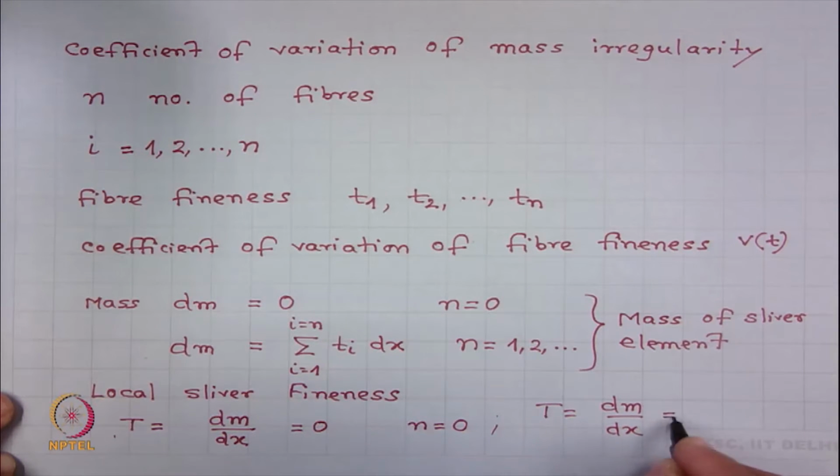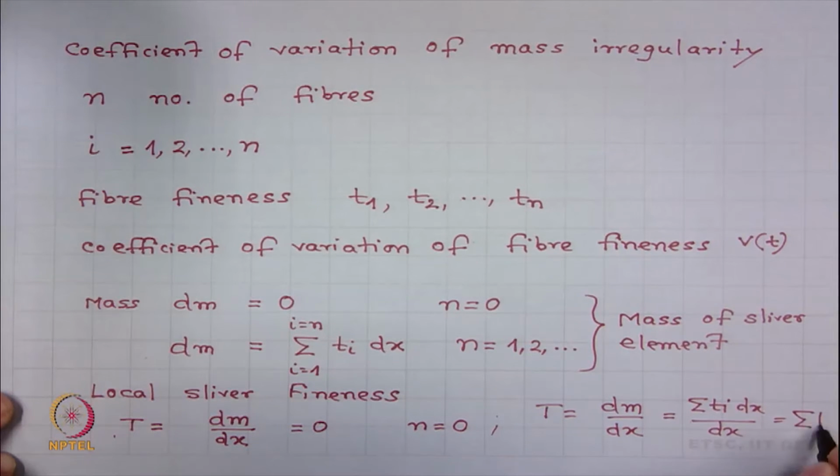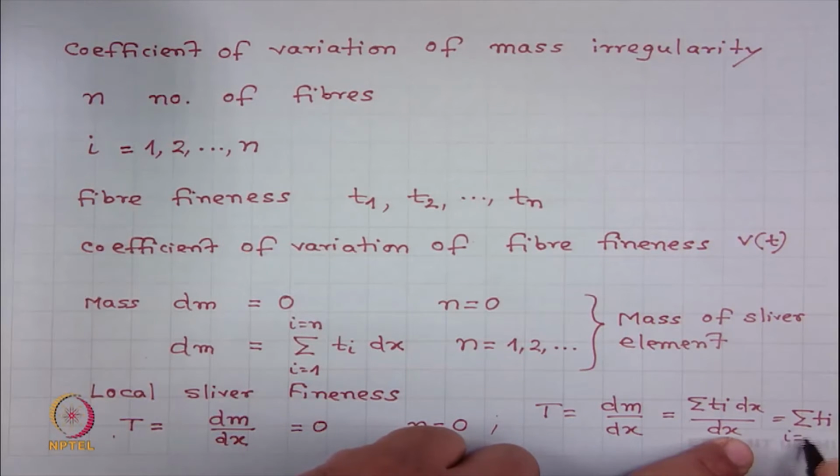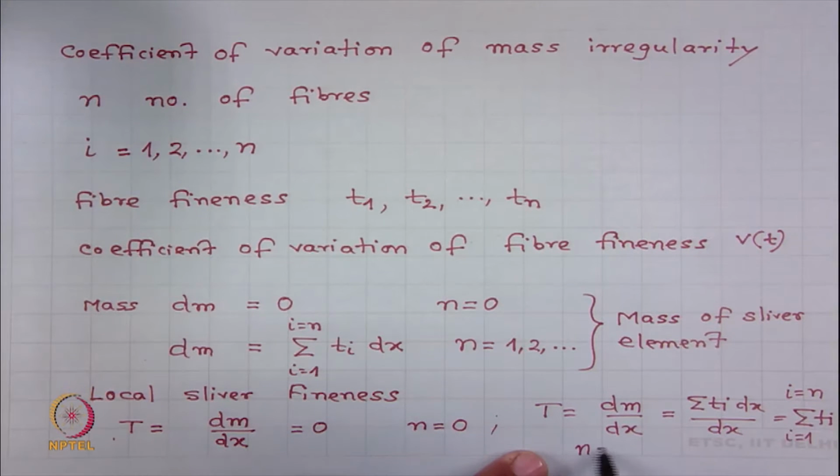What is dm? dm is the summation of Ti into dx, divided by dx, that is equal to the summation of Ti, because dx is constant, and the summation will vary from i equal to 1 to i equal to n.